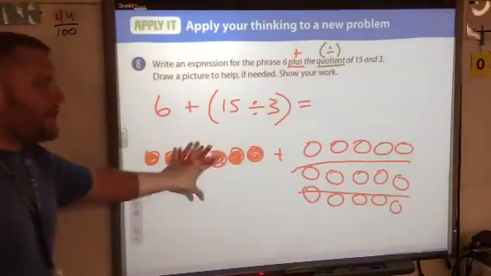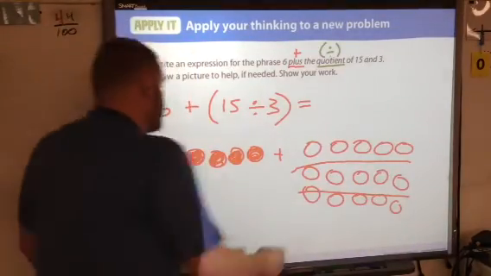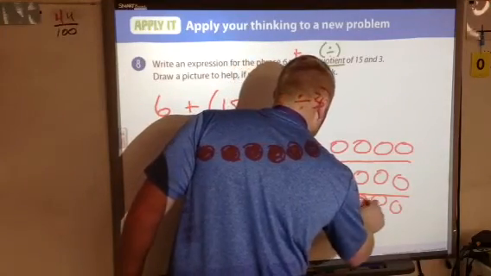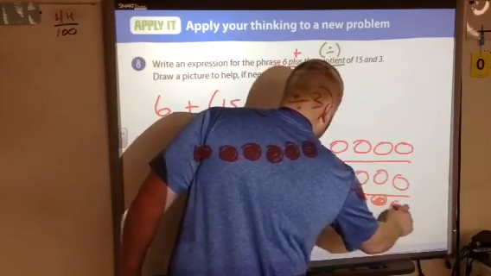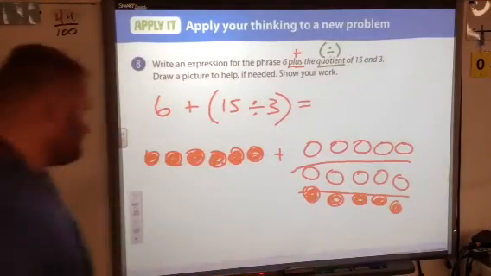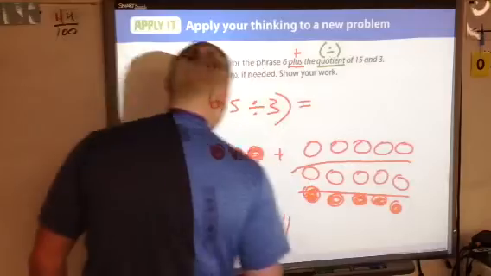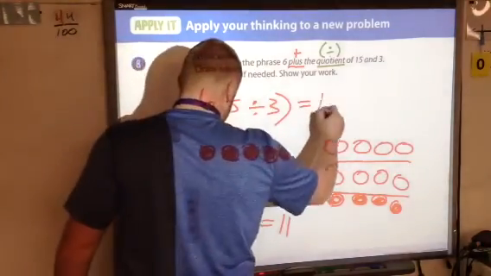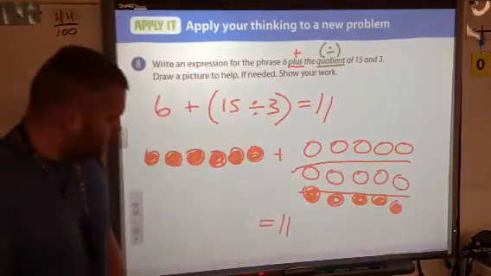And based off of what I did over here by filling them in, I could do the same with the ones that I actually need to have represented in the problem, and I would end up with 6 plus 5 equals 11. And same up here. 15 divided by 3 would be 5, plus 6 is 11.